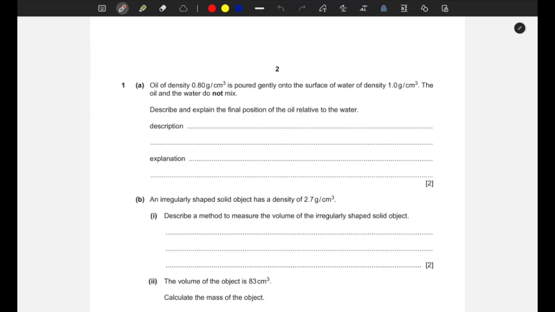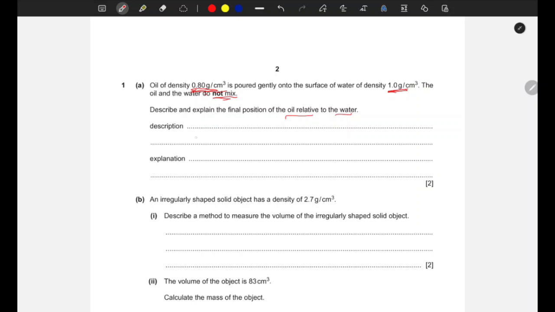A. Oil of density 0.8 gram per centimeter cubed is poured gently onto the surface of water of density 1 gram per centimeter cubed. The oil and water do not mix. Describe and explain the final position of the oil relative to the water. So oil has less density than water, as they've told us.